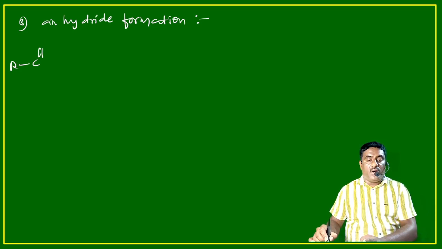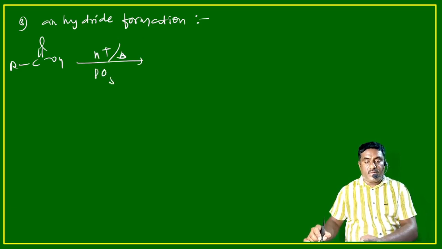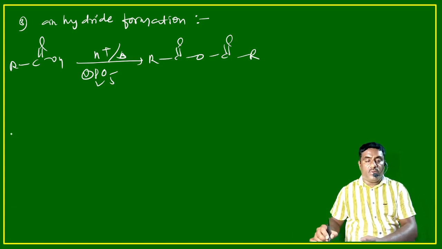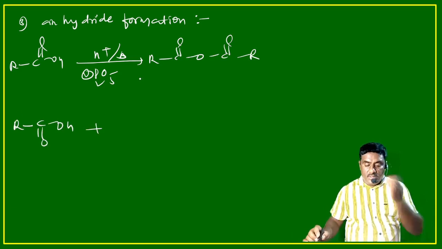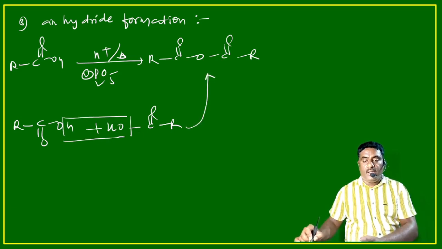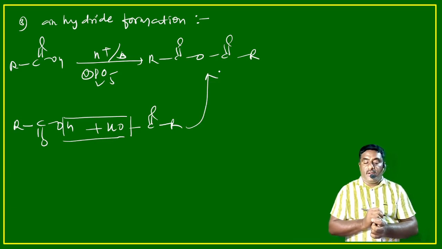Carboxylic acid RCOOH in presence of H plus or phosphorus pentoxide P2O5 gives RC double bond O, C double bond O R. It is an anhydride. It is easy to write COOH and HOOC, losing water, to give the anhydride.